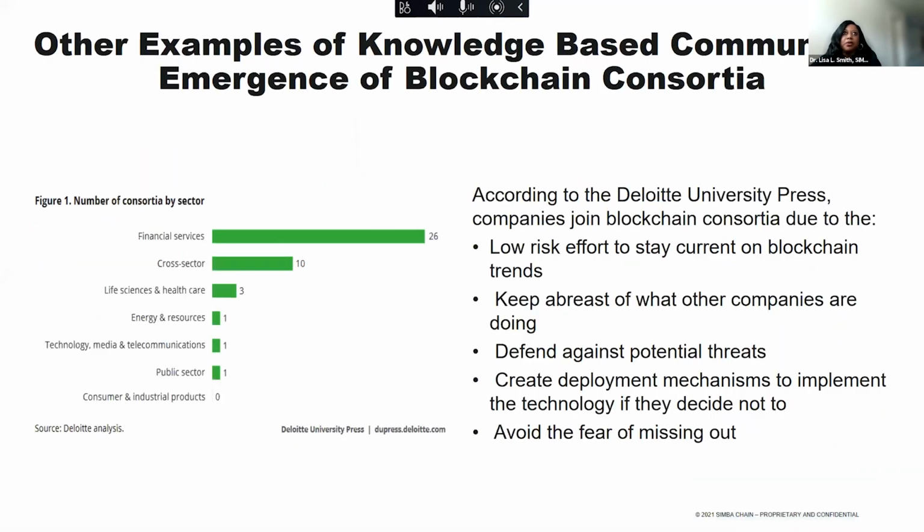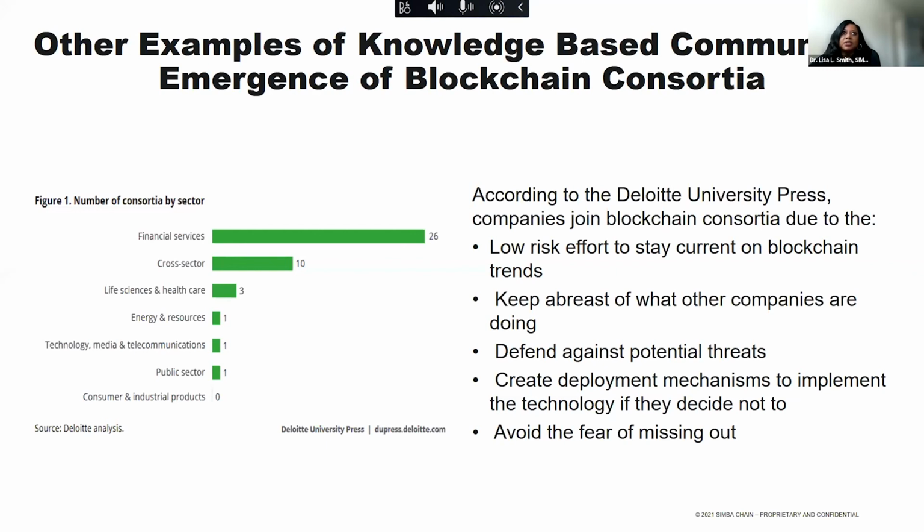And one example of knowledge-based communities used in blockchain implementation outside of academia is the consortia concept, which have become a popular means for enterprises to work together on blockchain technology. More than 40 blockchain consortia have formally formed globally, some of which have attracted significant investments, mostly from industry players within the financial services.